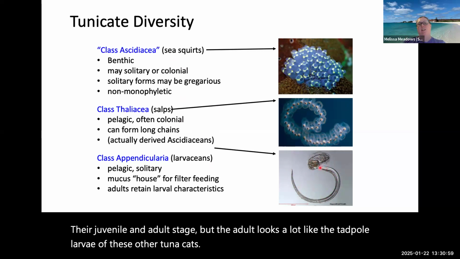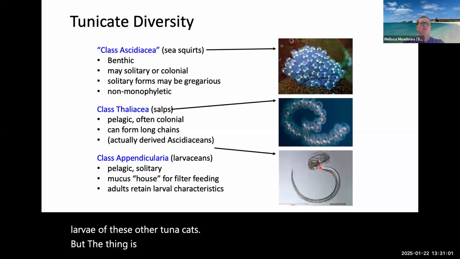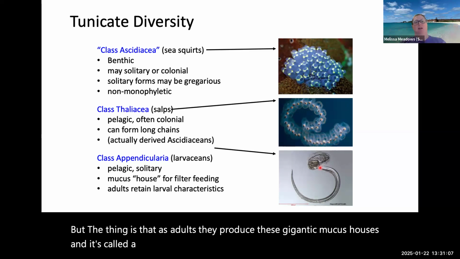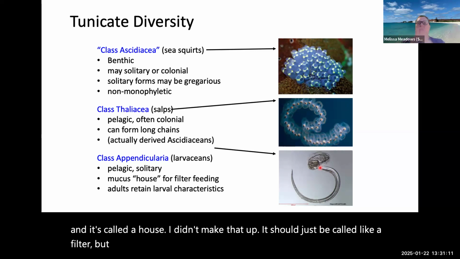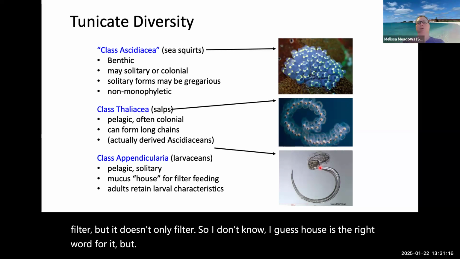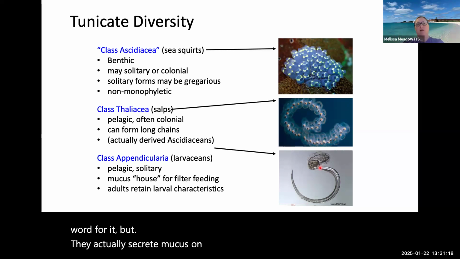But the thing is that as adults, they produce these gigantic mucus houses, and it's called a house. I didn't make that up. It should just be called like a filter, but it doesn't only filter, so I don't know. I guess house is the right word for it. They actually secrete mucus on the outside of their bodies, and the thing can be huge.